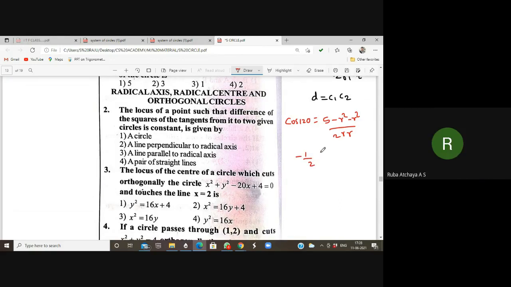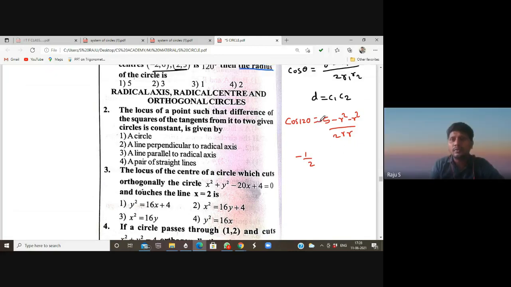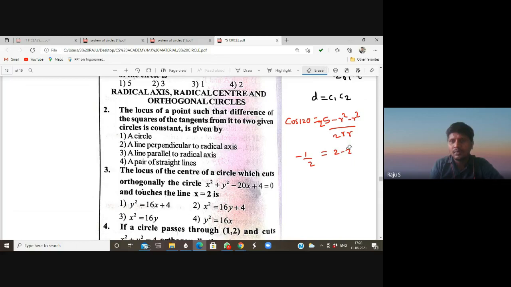Then 25 minus 2R square by 2R square. Then cross multiply and cancel.